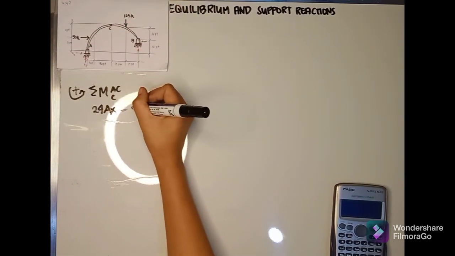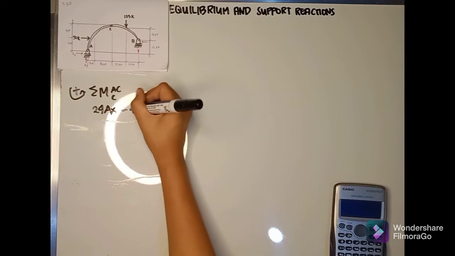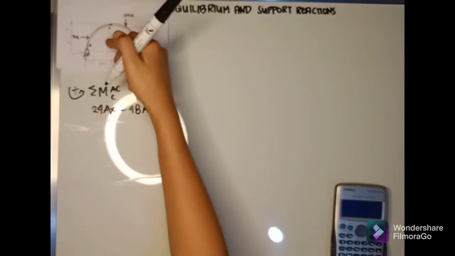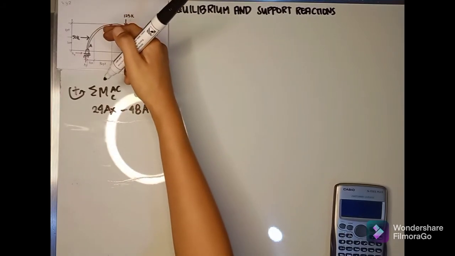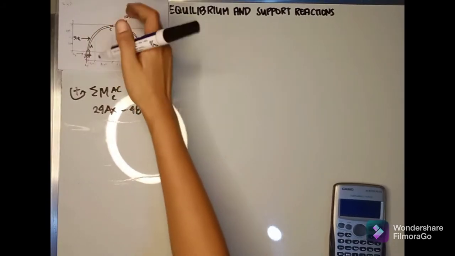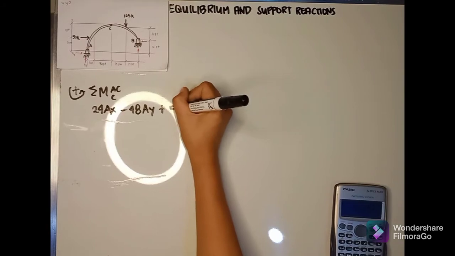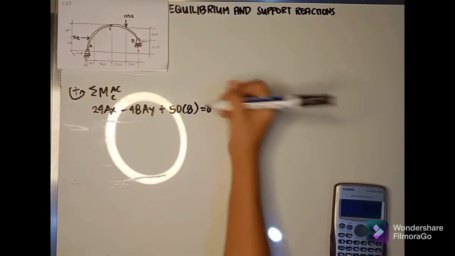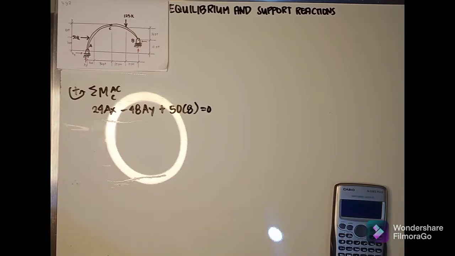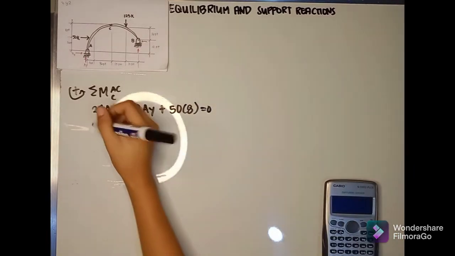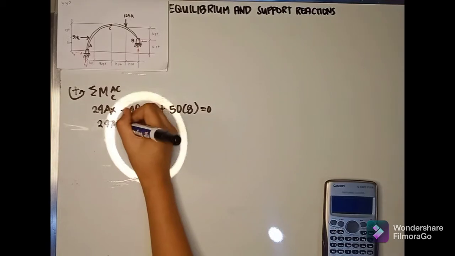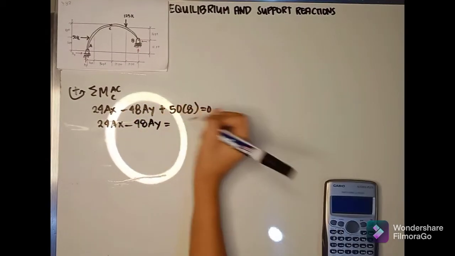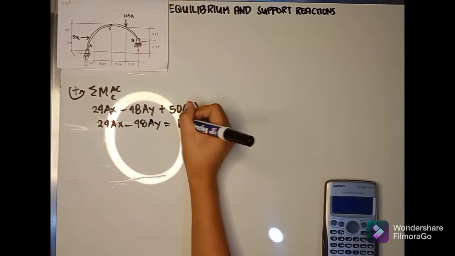So negative 48 AY, then the 50, since it is counterclockwise, so positive 50, then its moment arm of 8 equals 0. So, 24 AX minus 48 AY equals negative 50 times 8, negative 400.